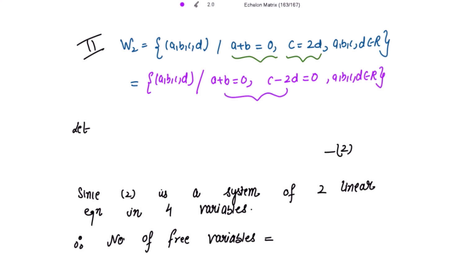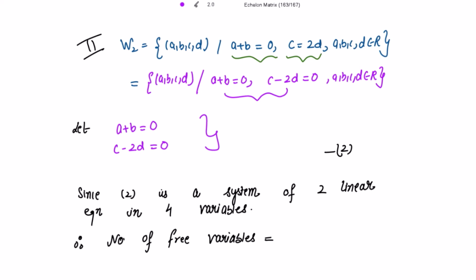So writing these two conditions, let A plus B be equal to 0 and C minus 2D be equal to 0. Please mark this as 2. So this 2 is a system of 2 linear equations in 4 variables.